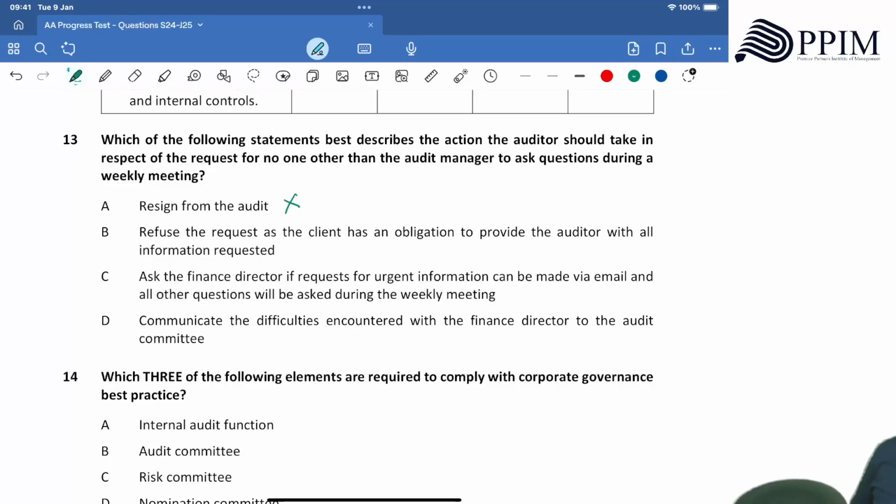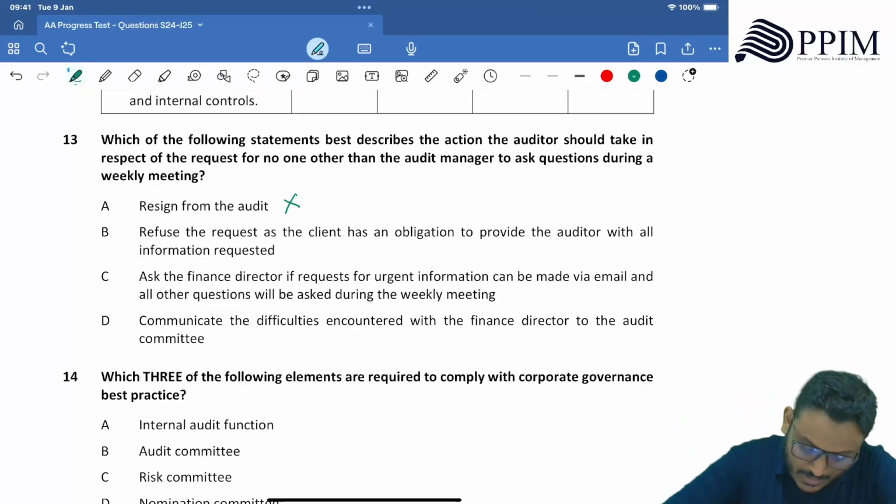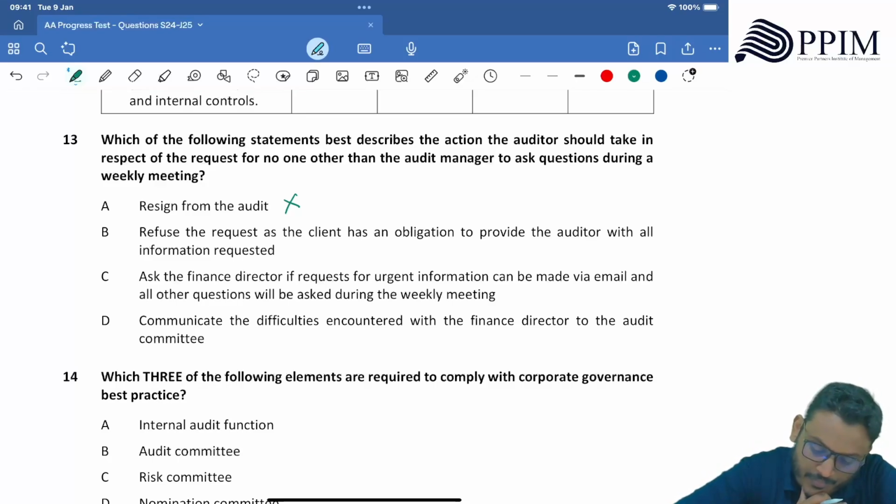Other than that, you can't resign. Ask the finance director: urgent information requests can be made via email, and all other questions will be asked during the weekly meeting. Communicate the difficulties encountered with the finance director to the audit committee. Which of the following is the best described action? The correct answer is C.